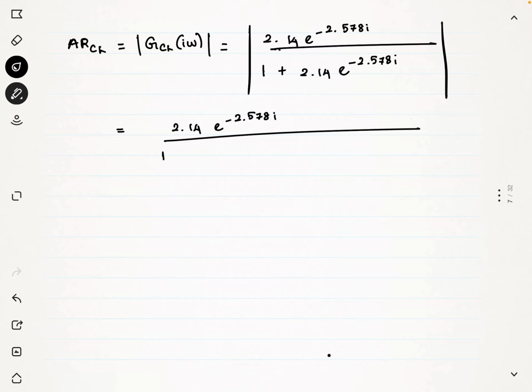So 1 plus 2.14, cos here theta's value is minus 2.578. So cos of minus theta is cos theta.